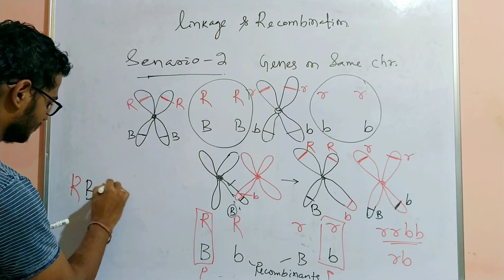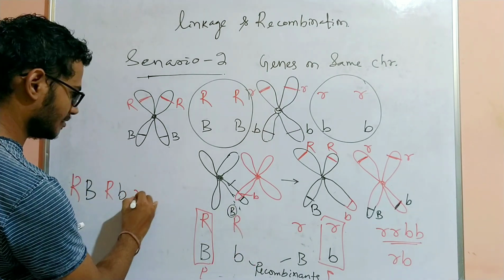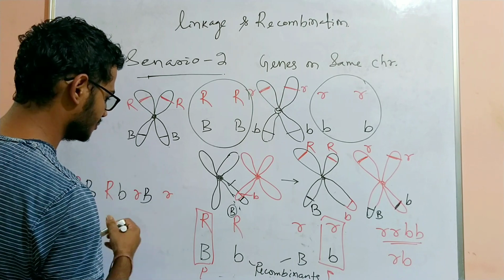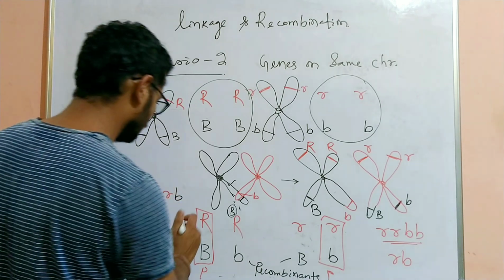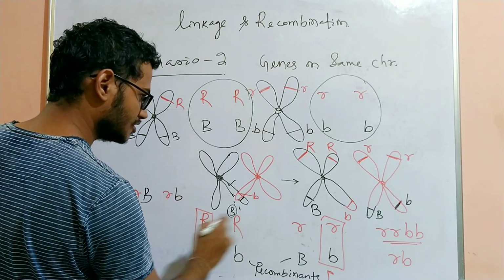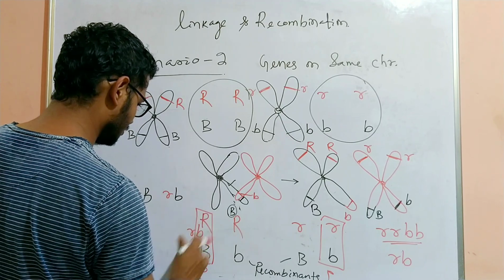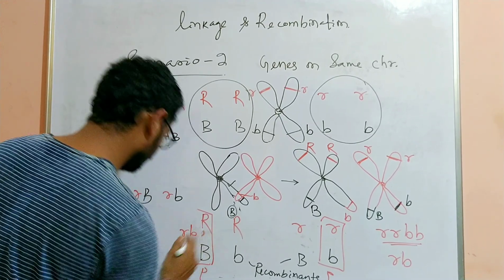Again capital R, small b is there. Then small r, capital B is there. Then small r, small b is there. Okay, and it will fuse with smaller, small b. I am writing here. This one is small r, small b.